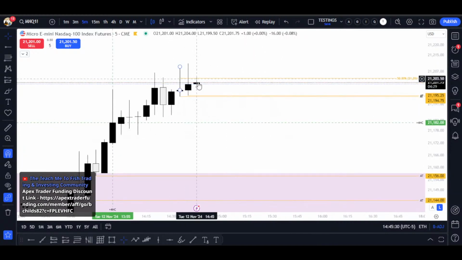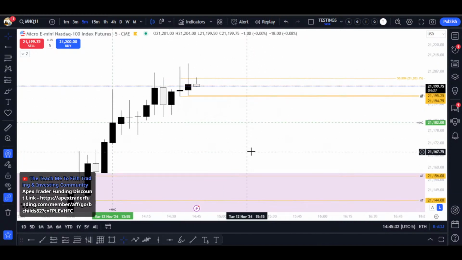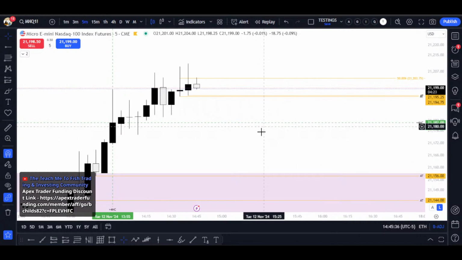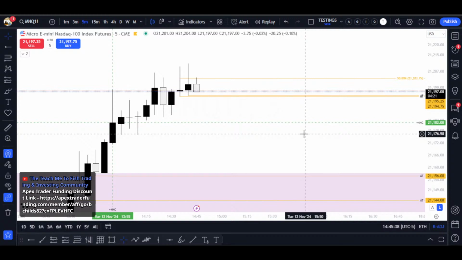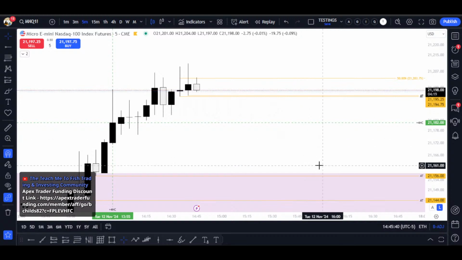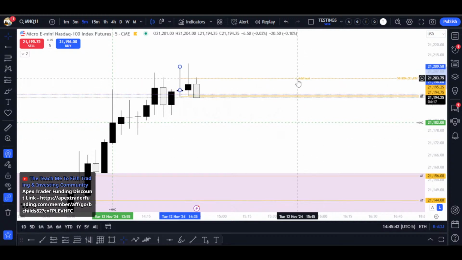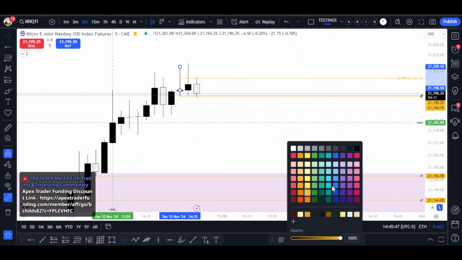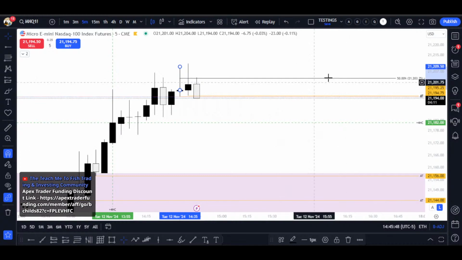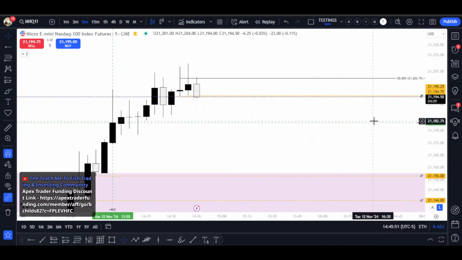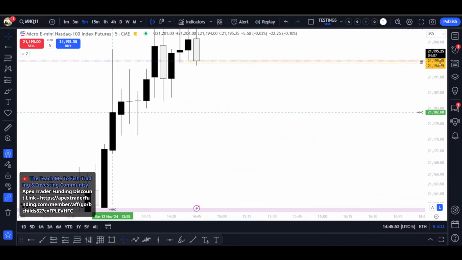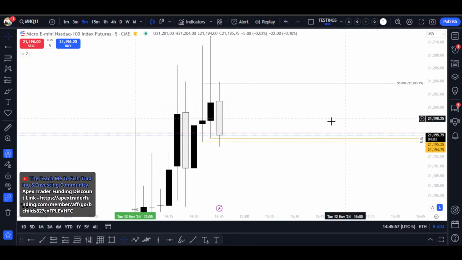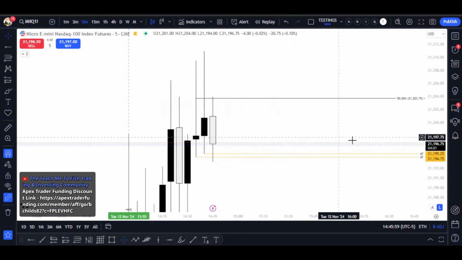So maybe we'll see price start to turn around towards us getting below 21,182. Consequent encroachment has been met, so I'll black that out because it was successful in meeting its objective.